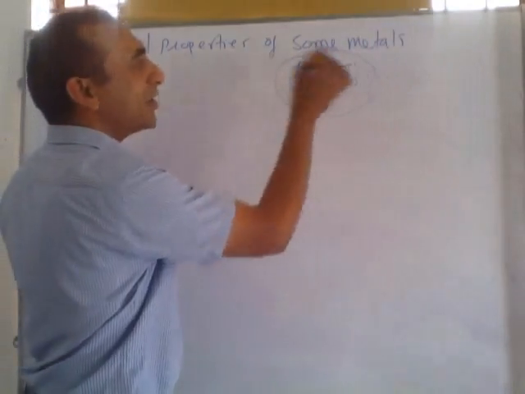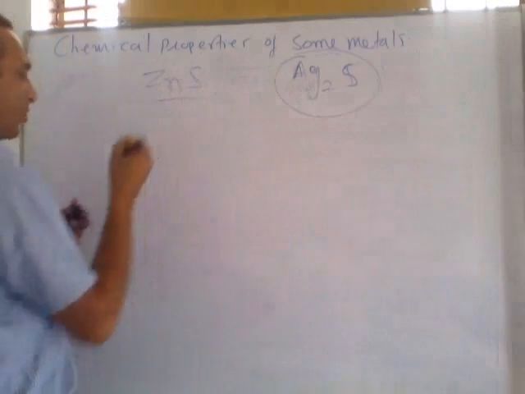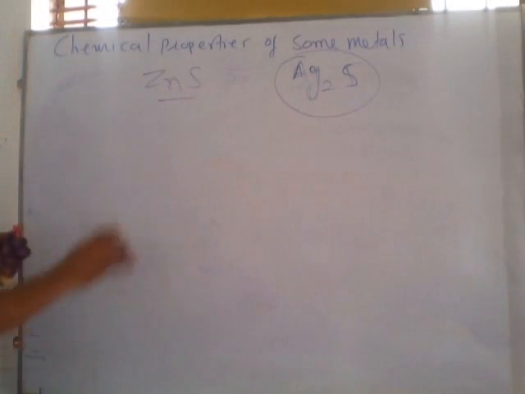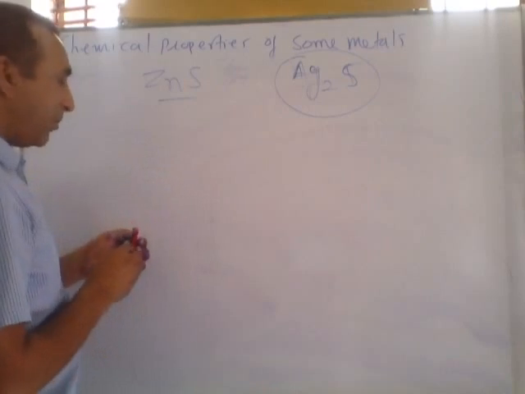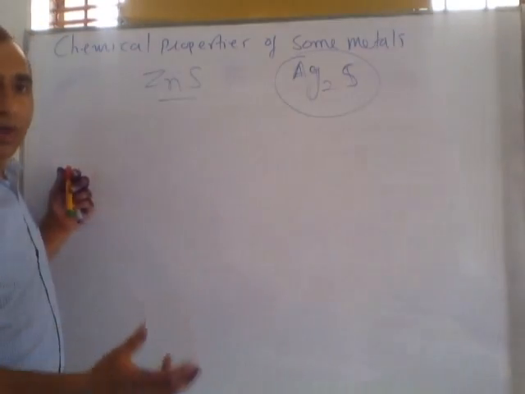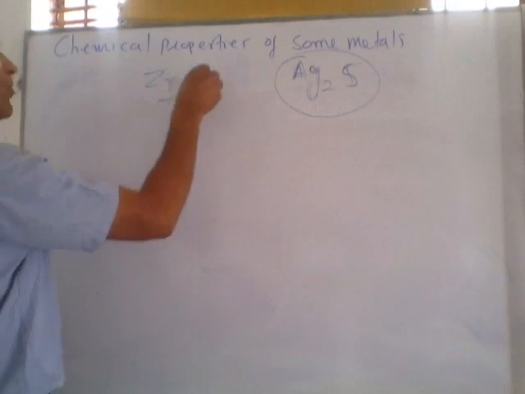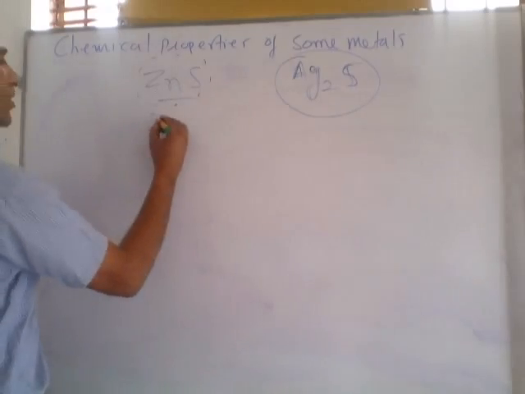Suppose this is the silver sulfide ore, just similar to Zn. Zn, if this is a compound, is called zinc sulfide. But if zinc sulfide with impurities is obtained from mines, then it is called ore. In ore, there are so many impurities.